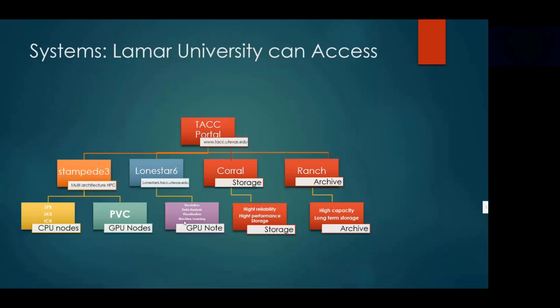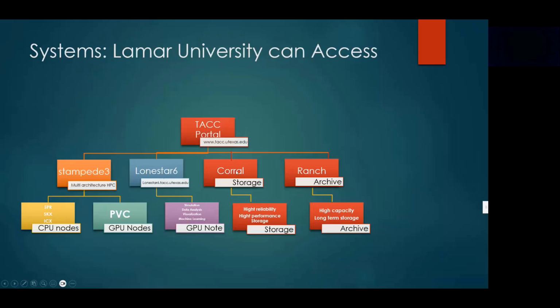Here they have a special term called queue, or they call it partition, which means what kind of architecture. For example, the GPU nodes have a special architecture. If you want to use that kind of architecture, you select the partition or the queue to use it.